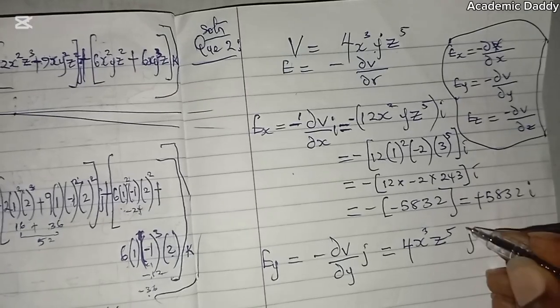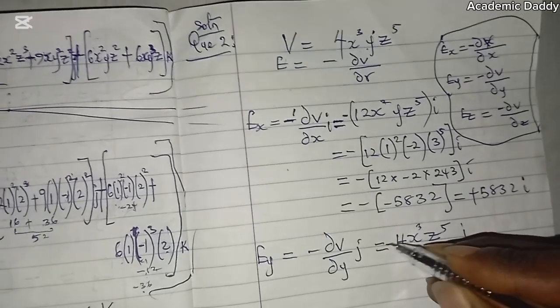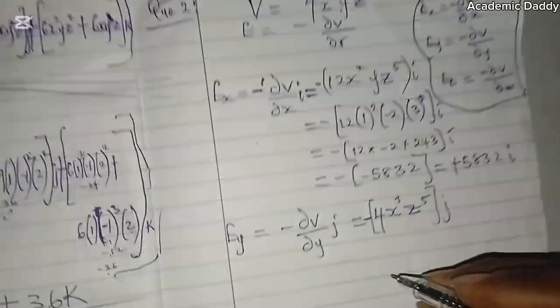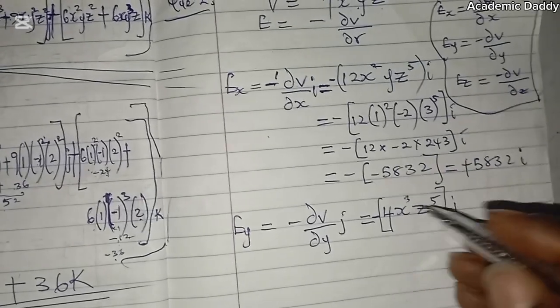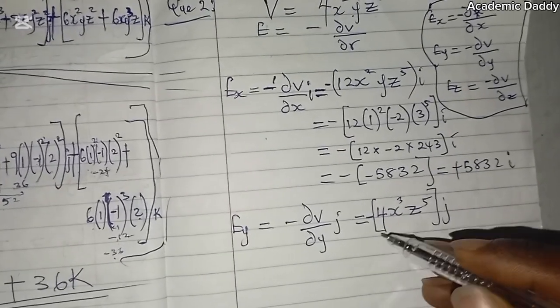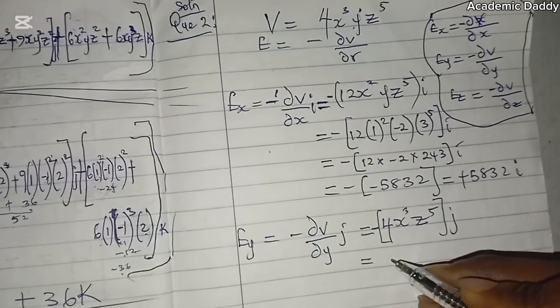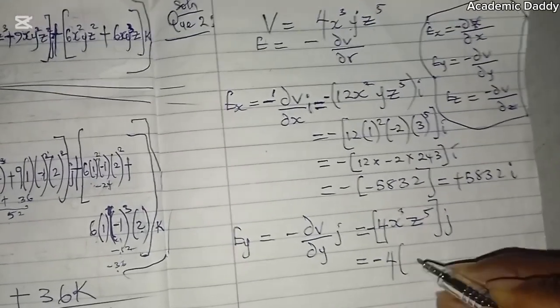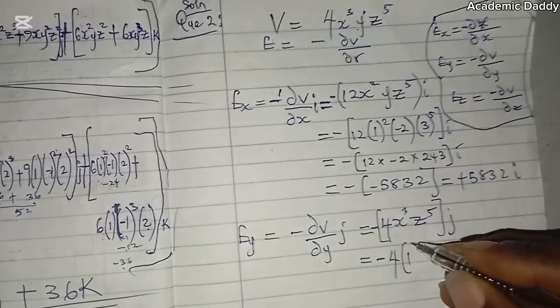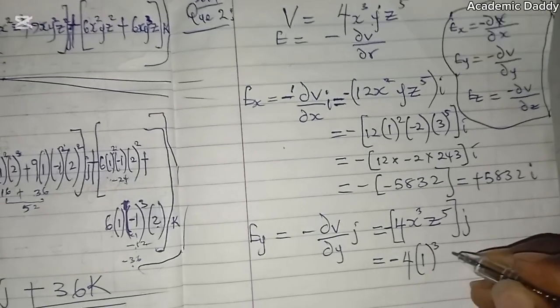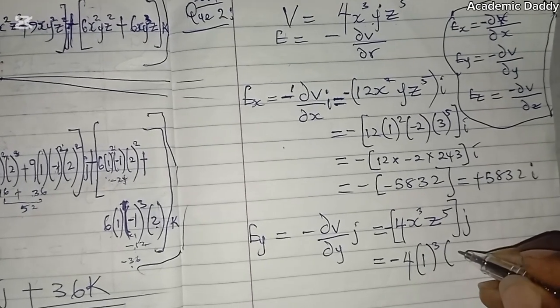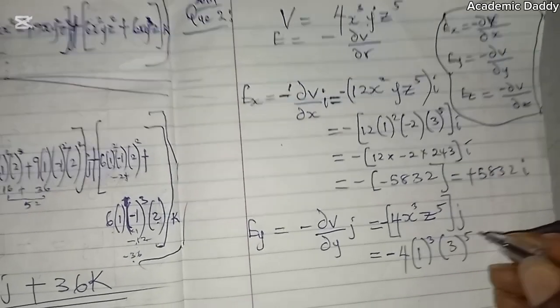And it's on the j part. Remember, it will carry negative sign. If you don't do it, sometimes you think it's only for one value. Always do it this way so you don't confuse yourself. So I'll now have this inside minus 4 into y is 1, x is 1, that's power 3, and z is 3, raised to power 5.